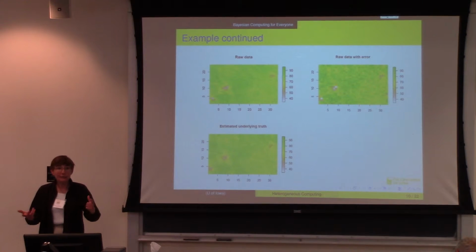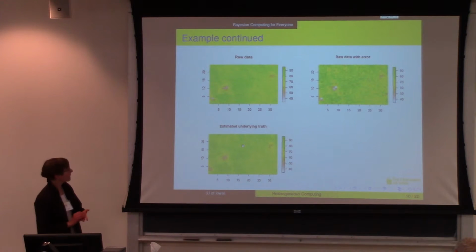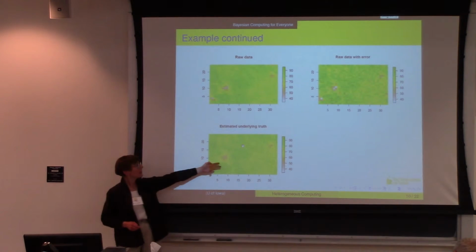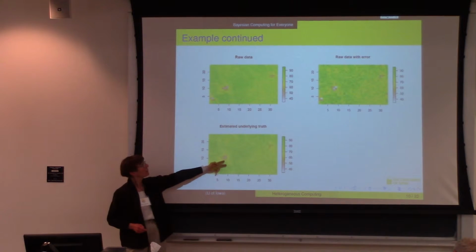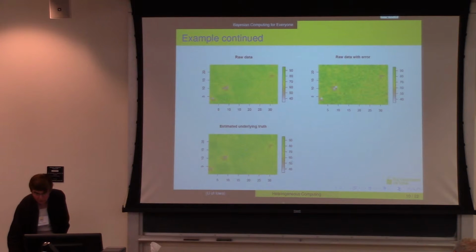And then given all those things, it can estimate the underlying posterior means of the true values. So this is what it got back out in an attempt to recreate the true image. It didn't do a perfect job, it didn't do a bad job. Okay, so that's out there.